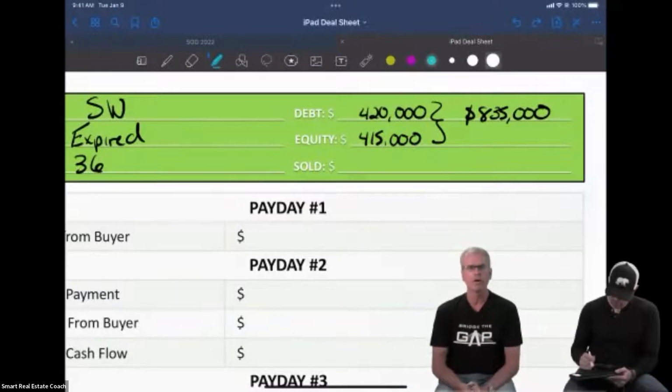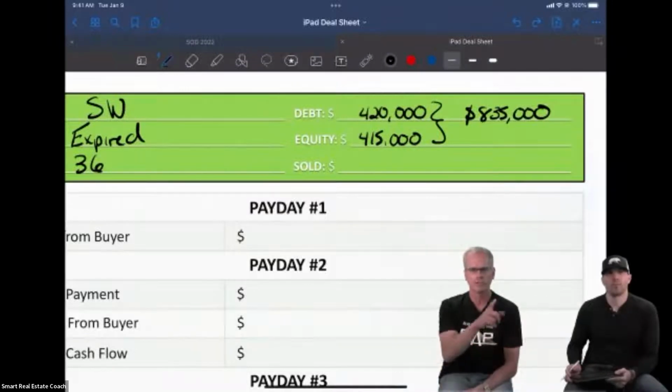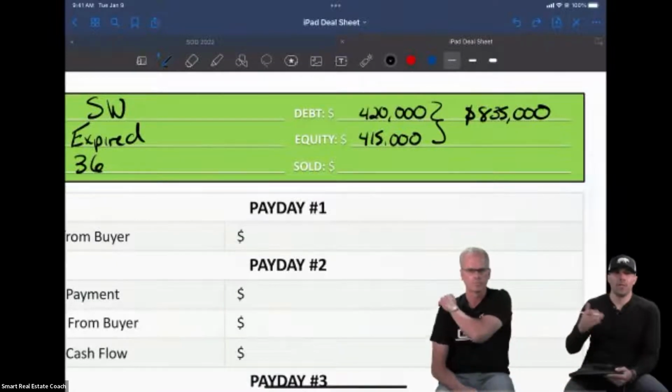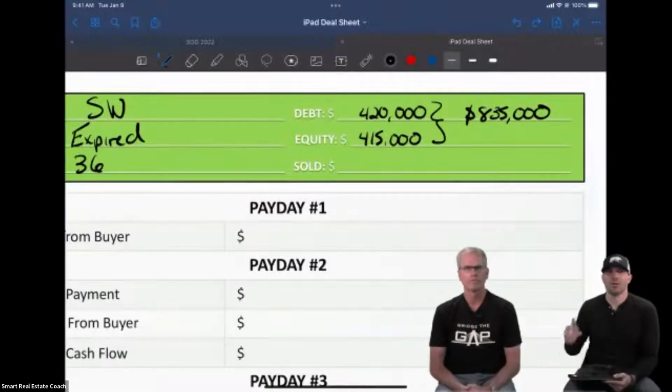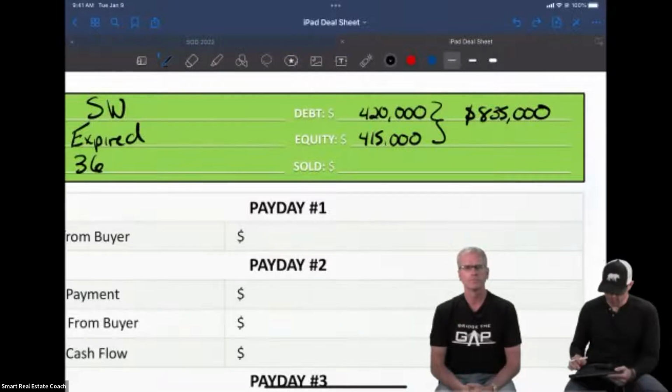So the sale price, this is built into your agreements, equals the payoff of the balance of the mortgage and 415,000. It's all about creating that equity in the property, and we'll show you how in this principal pay down when we get down to number 3, creating equity in the property without taking ownership. It's really cool how you can do this. This is the game changer.